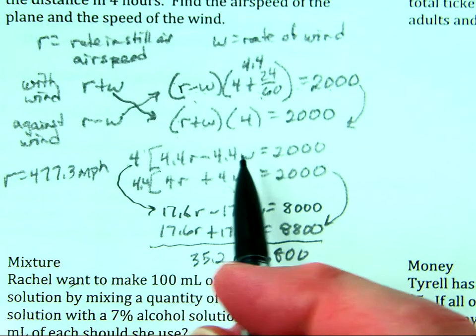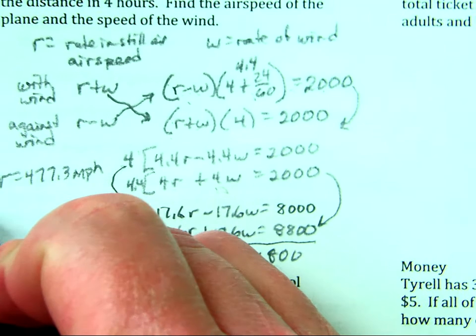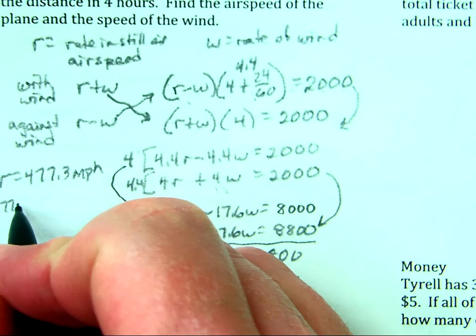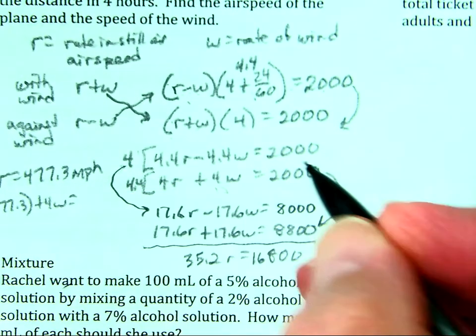Now if we take that and plug it in, let's say we plug it in here. So we take 4 times 477.3 plus 4W equals 2,000.